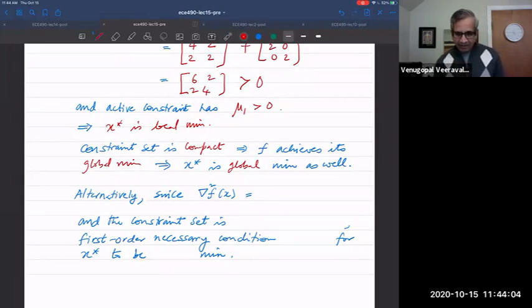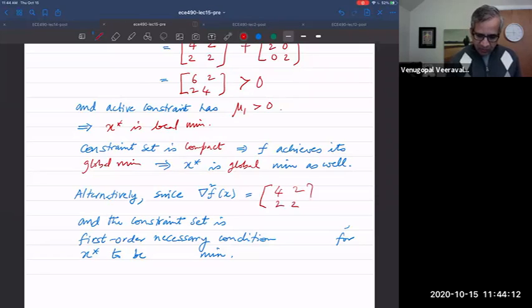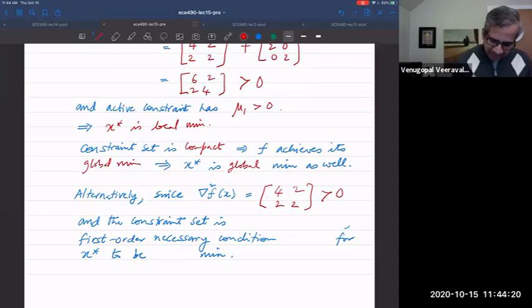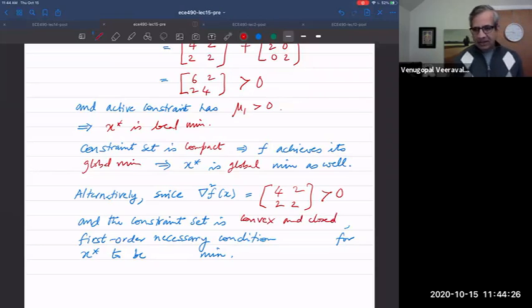Another way to look at it is if you look at just F itself, the Hessian of F is 4, 2, 2, 2, which is positive definite. And the constraint set is convex and closed. So in this special example, the constraint set is convex and closed. And why is it convex?